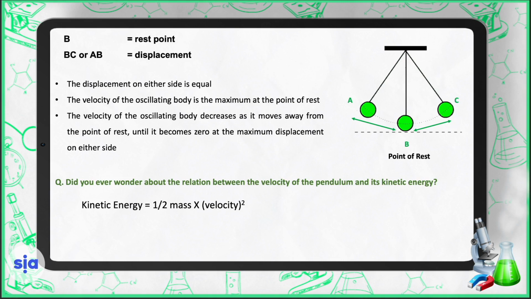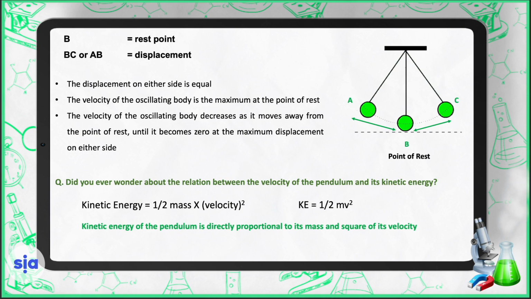Did you ever wonder about the relation of the velocity of the pendulum and its kinetic energy? Let's see together. Kinetic energy is known to be equal to half of the mass multiplied by velocity to the power 2. So here is the formula: kinetic energy equals half mv squared.